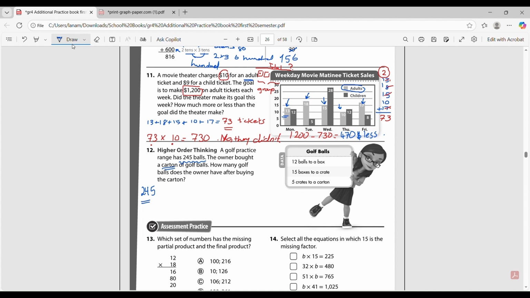So after buying means we still need to add the old balls, the balls that they had before. Now, what do we have inside the carton? If we look at the data that we have here, each carton has 5 crates.